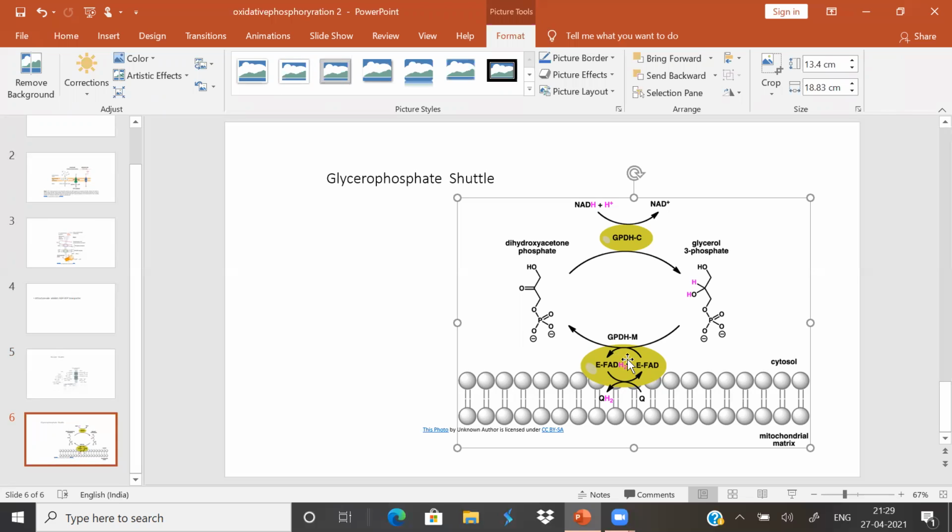But remember that in this mitochondrial enzyme, the coenzyme is FAD, and FAD is converted to FADH2, and this FADH2 goes to the respiratory chain.